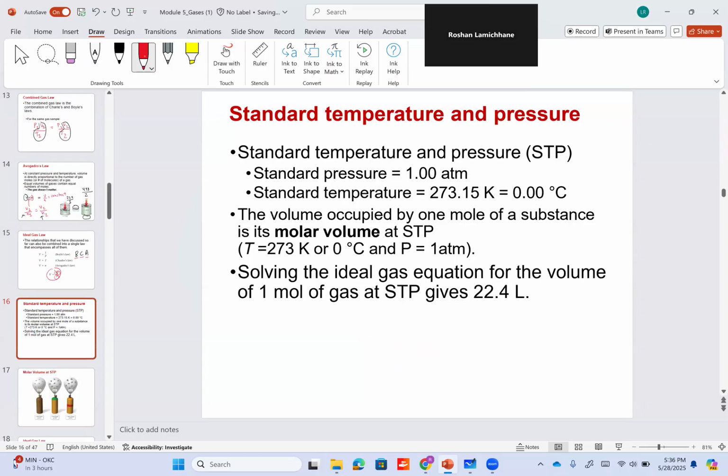All right, now the next thing we're going to talk about is something called standard temperature and pressure. We have a set condition, and we call that STP: S, T, and P. The temperature at standard conditions is 0 degrees Celsius or 273.15 Kelvin, whereas the pressure is defined as 1 atm.